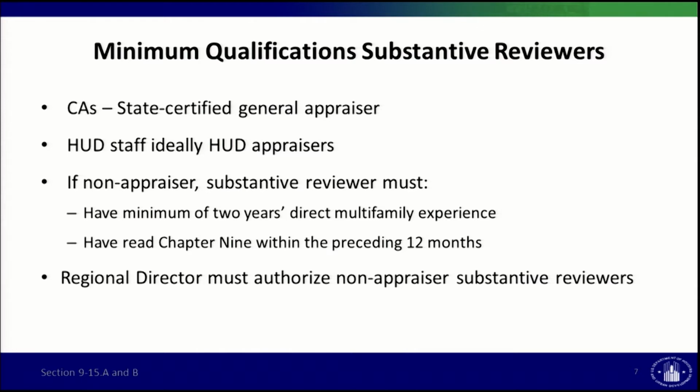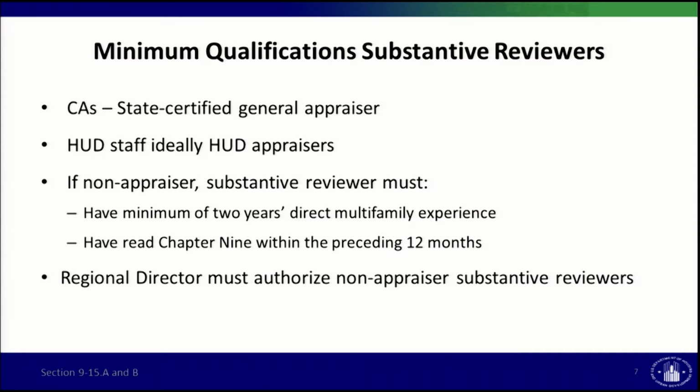What about the qualifications for a substantive reviewer? Now, responsibilities for a substantive reviewer are more substantial, and therefore there are more qualifications for that position. For contract administrators, the substantive reviewer must be a state certified general appraiser, period. For HUD staff, ideally the person performing the substantive review should be a HUD staff appraiser.